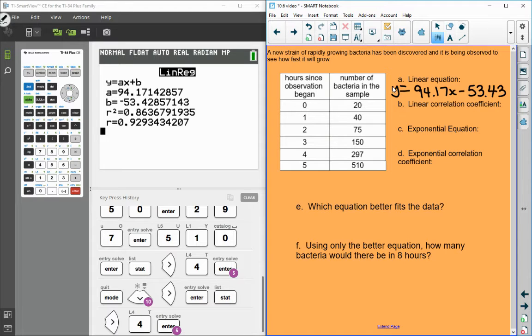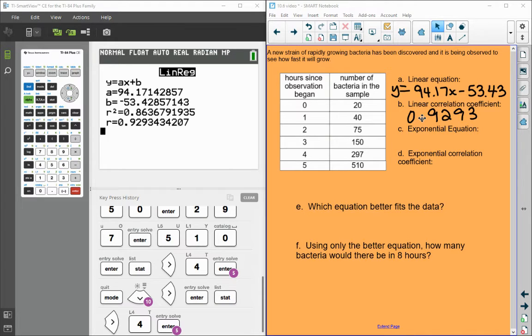My linear correlation coefficient, remember that r is your correlation coefficient, is, and I'm going to go to 3 decimals this time. You don't have to, but I might as well write them down now, because in a minute you'll see that we're going to be comparing our correlation coefficients. And the more numbers, the better. So 0.9293. You can round it if you needed to type it into an assignment or something, but for right now, we'll go ahead and do that.